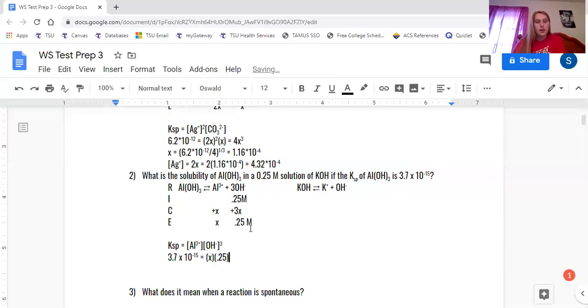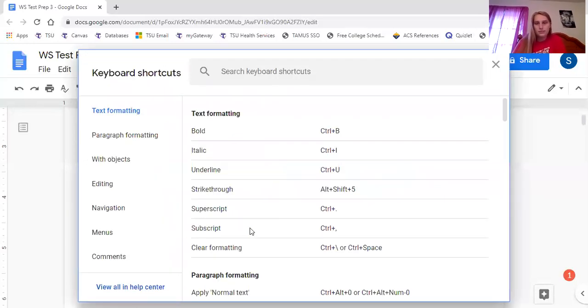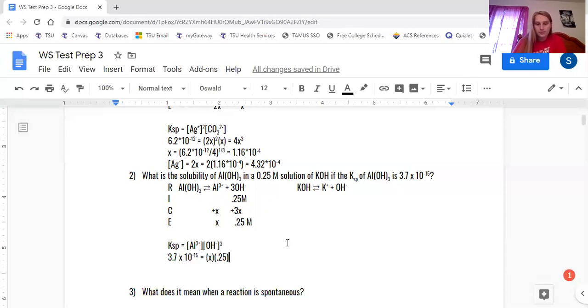We don't have to worry about units with KSP here. And that is going to be cubed. Oops. Sorry about that. That's the wrong button. So you can solve that for X now, which is what we're looking for. And to make that simpler, you could go ahead and figure out what this 0.25 cubed is going to be equal to. Okay.